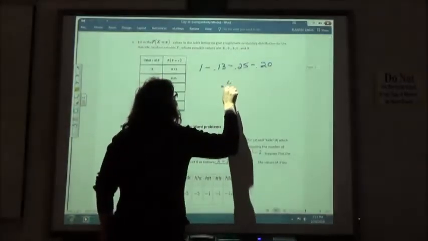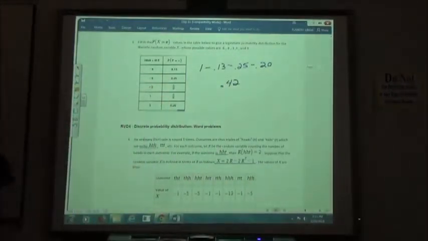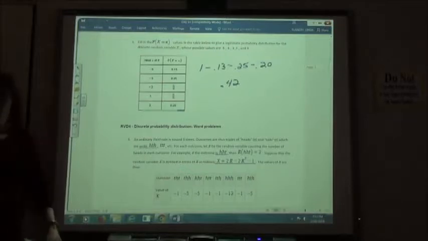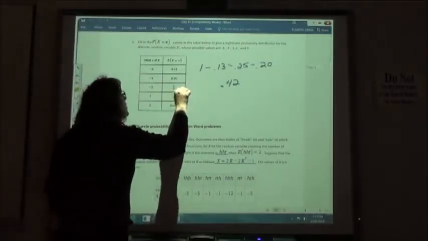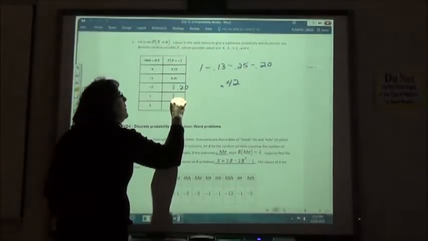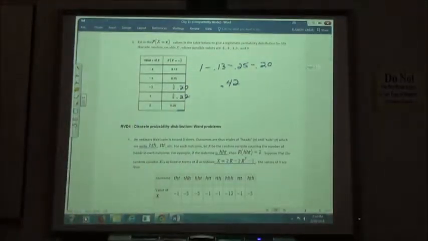And so if I have 0.42 and I need to distribute that to those 2 values there, which 2 numbers might I possibly use? 0.20 and 0.22 would be good choices. Any 2 that add up to that number, it doesn't matter what 2 you use. Okay?